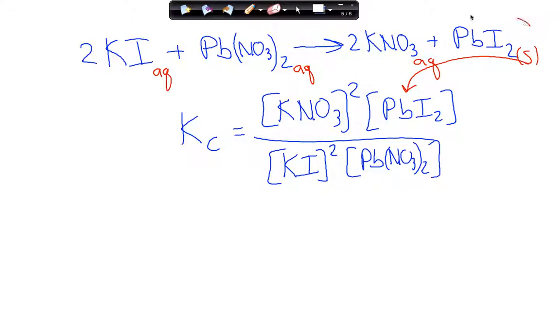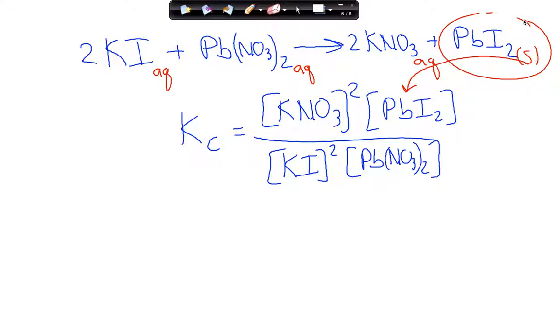Here's the problem. This stuff doesn't dissolve in water. If it doesn't dissolve in water, it doesn't have a concentration. And that's different than 0. Guys, a molarity of 0 means a substance that could dissolve in water, but you haven't added it yet, or it hasn't been produced yet.